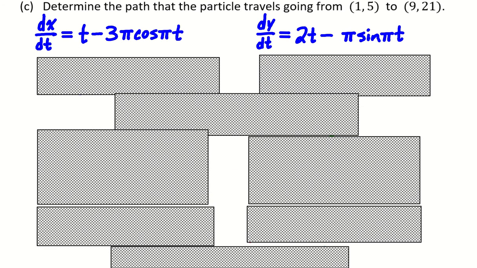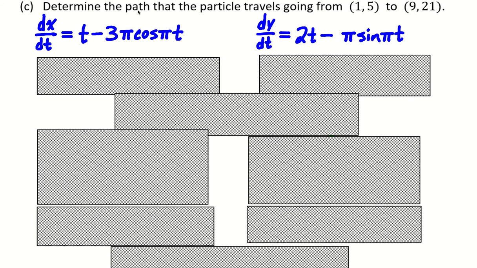Determine the path that the particle travels going from 1 comma 5 to 9 comma 21. So determine the path. Based on what we've been doing already in this lesson, determining the path essentially just means graph it.